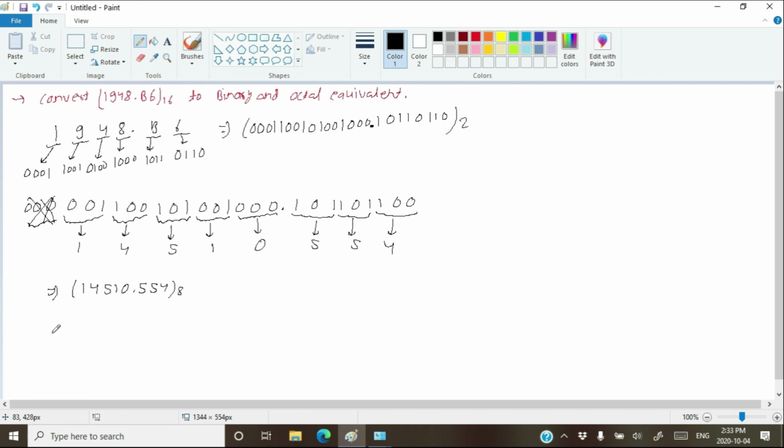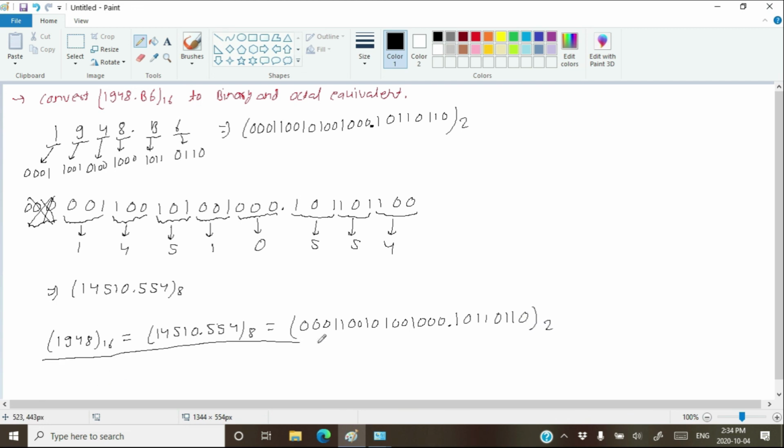So you can write here that 1948.B6 in hexadecimal is equal to 14510.554 in octal is equal to 000110010001000.101101100 in binary. Okay, so these all three numbers are representing the same quantities. Hopefully you are getting my points.